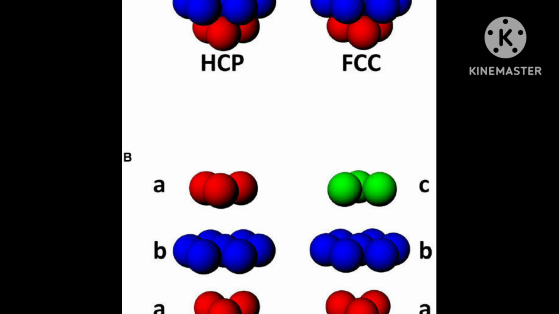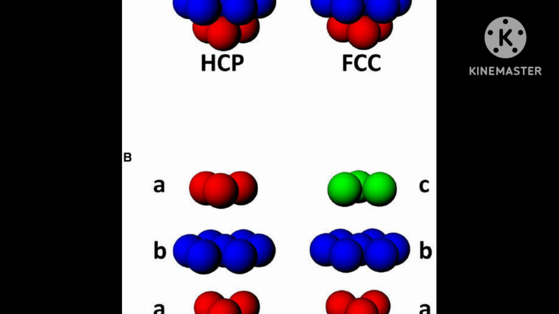I will first read the question, then you can understand. A compound is formed by two elements, X and Y, just like NaCl you can consider, X and Y. Atoms of the element Y, consider as an anion, just like Cl minus, make CCP, and those of the element X, meaning cation, occupy all the octahedral voids.